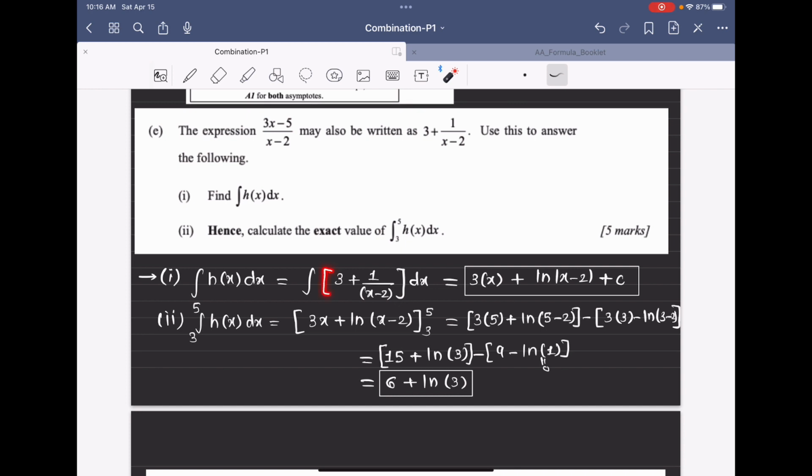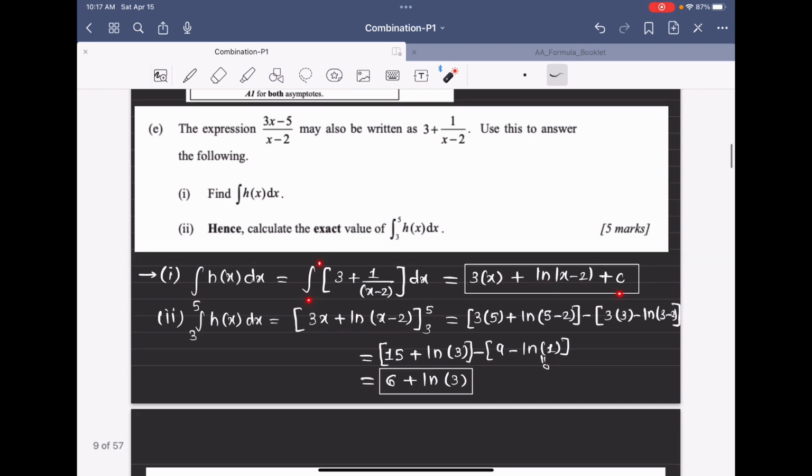I am writing in a bracket. Integration of 3 is 3x, because integration of a constant is constant into x. Integration of 1 upon x minus 2 is ln of x minus 2 upon the x coefficient, that is 1. Anything divided by 1 is the same, so ln of x minus 2. And it's an indefinite integration, so I'm writing plus c. That is the answer of the first part.